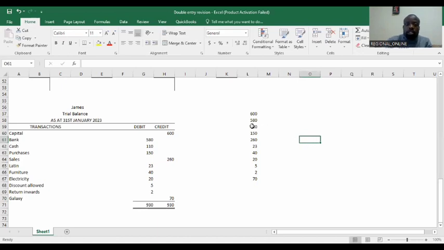So they can give them in that order, and they say this is capital. They say this is bank. They can tell you now this is cash. This is purchases. Sales. Latin. So maybe you may not know, then they tell you this is a debtor.